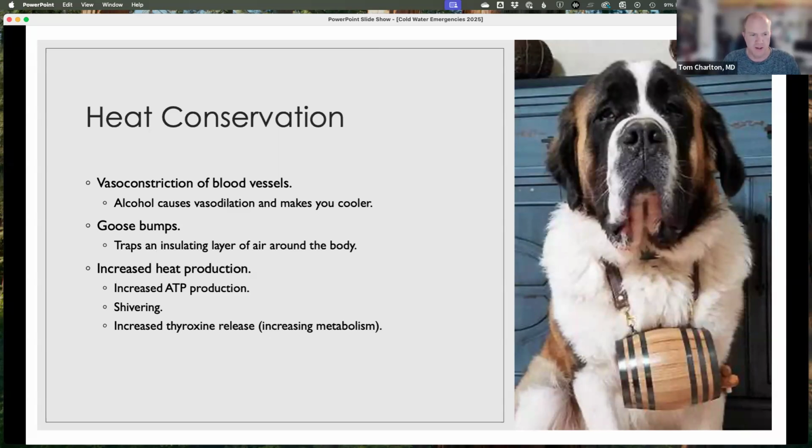So they'll increase their metabolism. They also will begin to shiver, so that way you're not really moving, but you are. Shivering is working your muscles, and that extra work requires energy, which again releases heat. And so our body is trying to compensate for that heat loss.